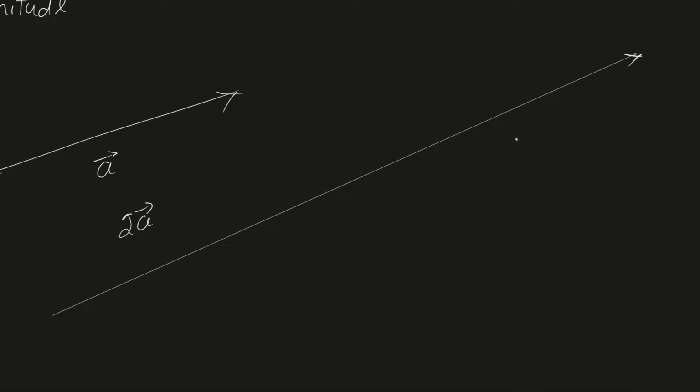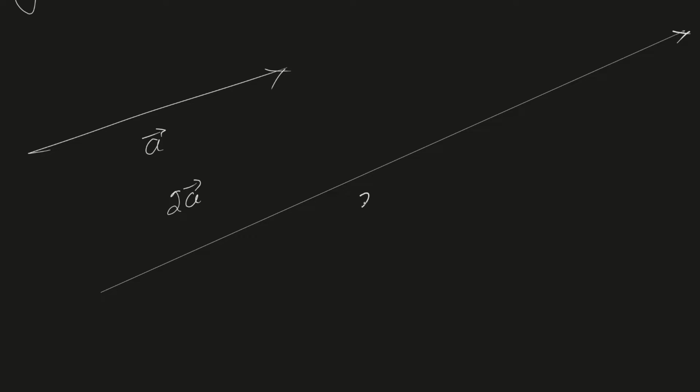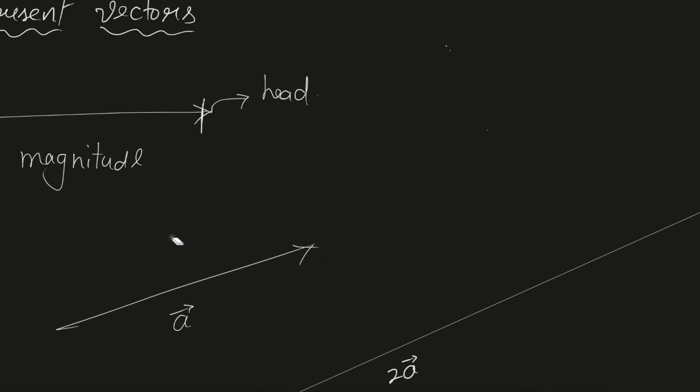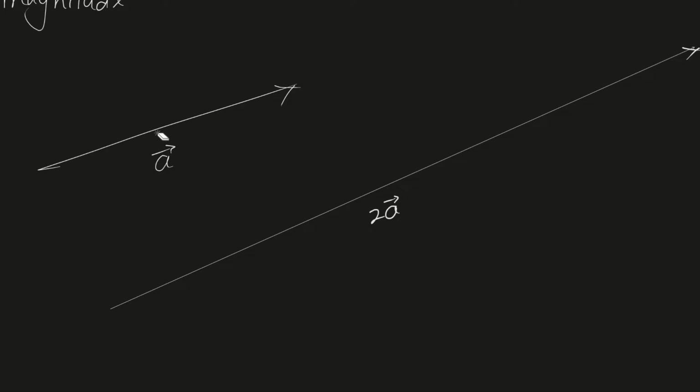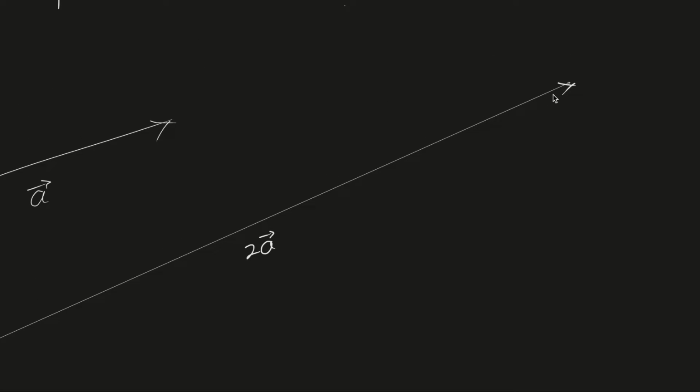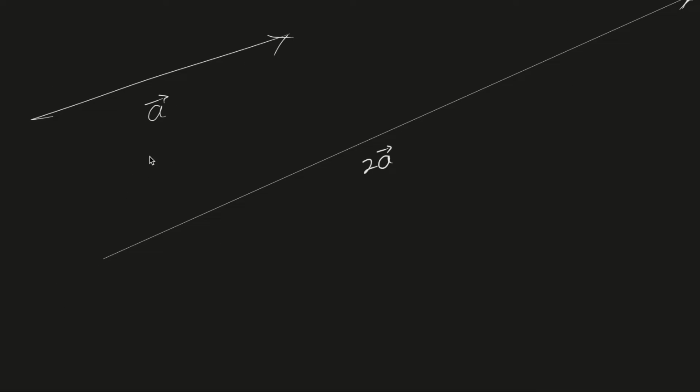Then this represents the 2a vector. If its magnitude is doubled, we simply double its length, because magnitude is shown by this, and the direction remains the same for the vector.